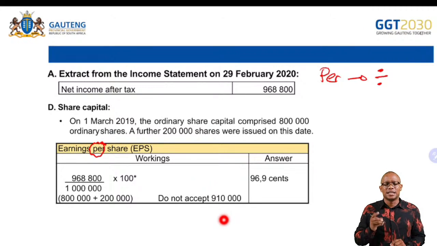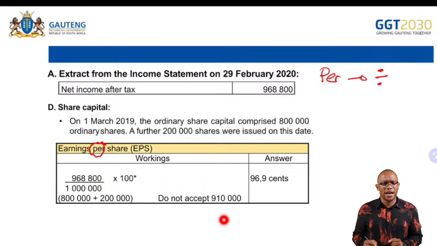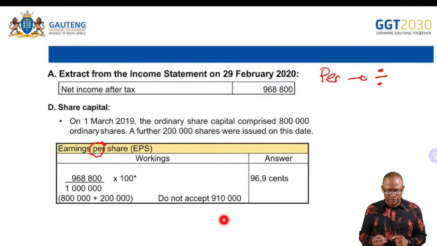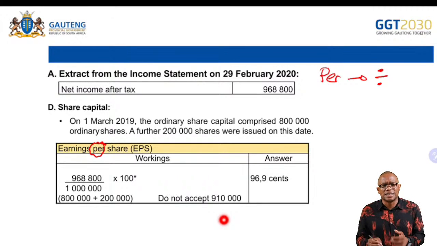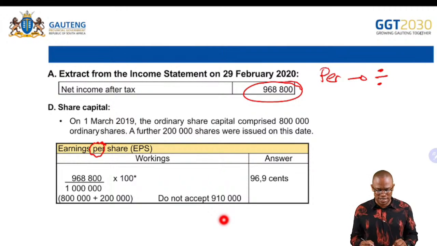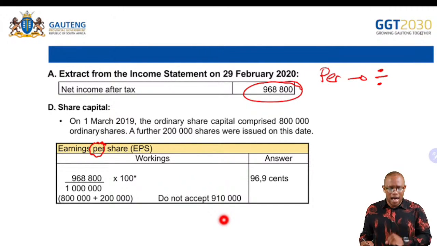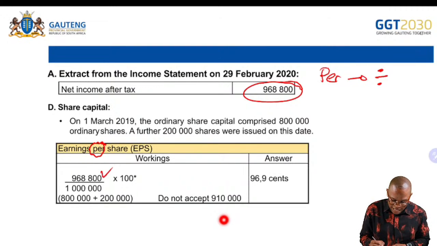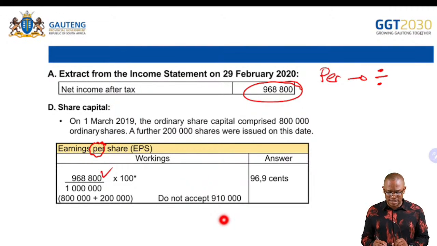Which shares? The number of shares that were issued. So let us check. Your earnings, remember, is what you've received. This is the financial income, so it guides you. Here are your earnings: this is what you got from your income statement, your net income after tax, which will be 968,800.